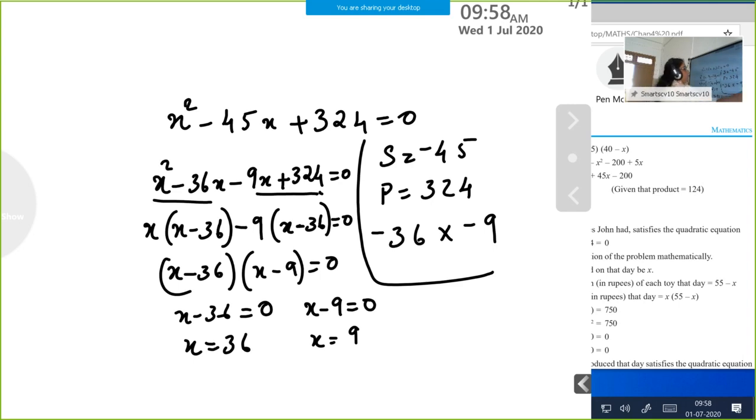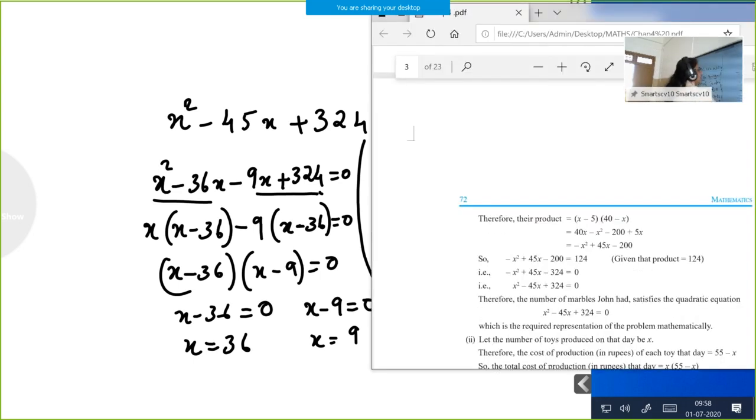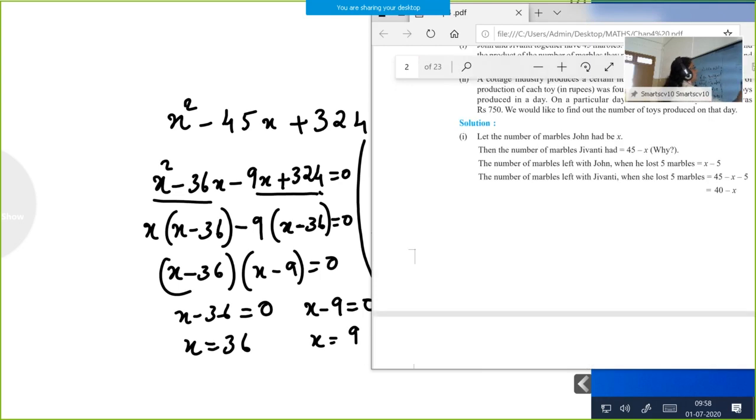Then our assumption is, let the number of marbles be x. John had x, that means we take the number of marbles John had as 36, and the number of marbles Jivandi had is 45 minus 36, which is 9 marbles.